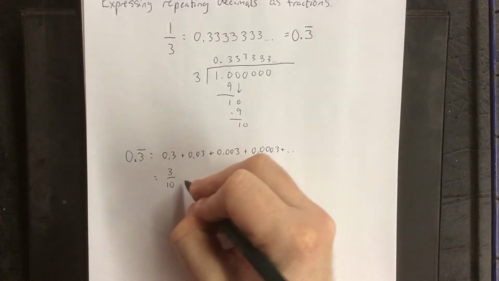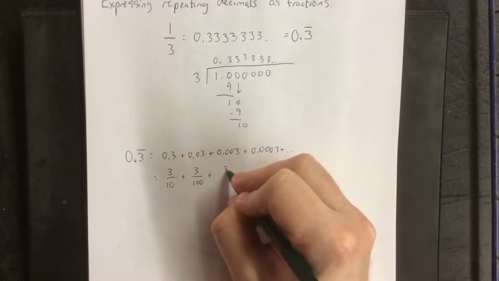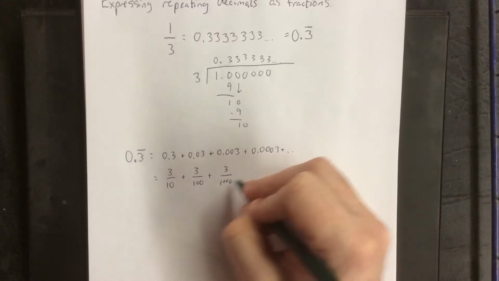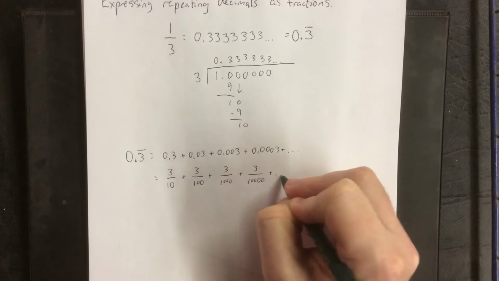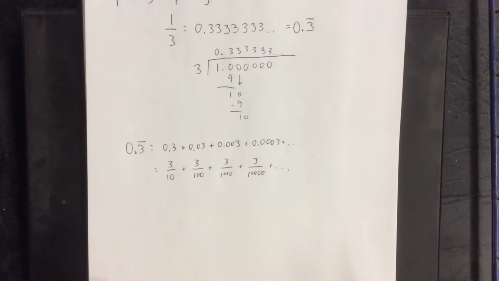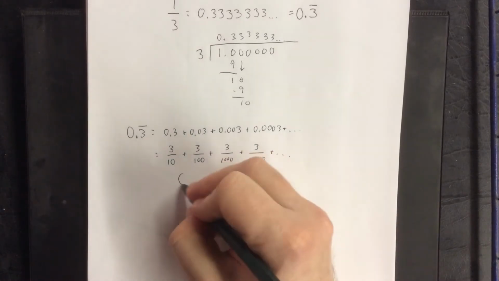Expressing them in terms of their fraction counterparts, this would be 3/10 plus 3/100 plus 3/1000 plus 3/10,000, and so forth and so on. Technically speaking, what you're looking at here is a geometric series.